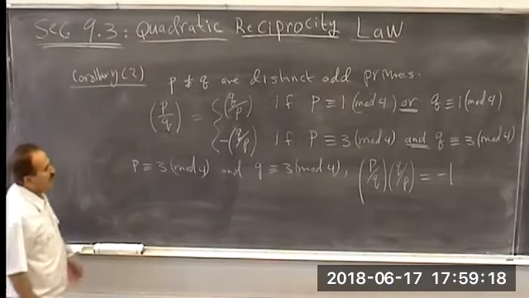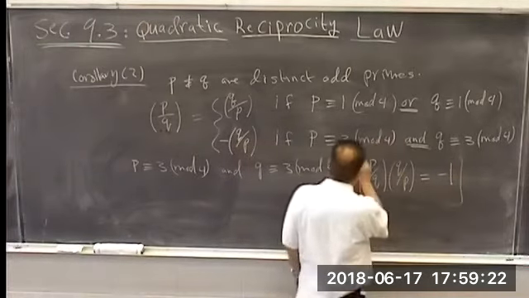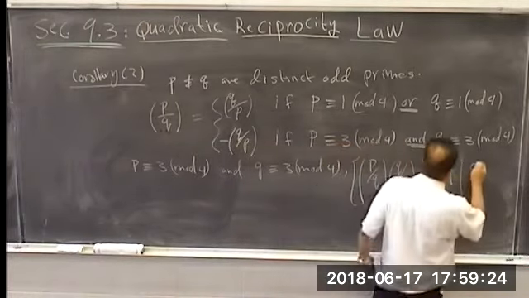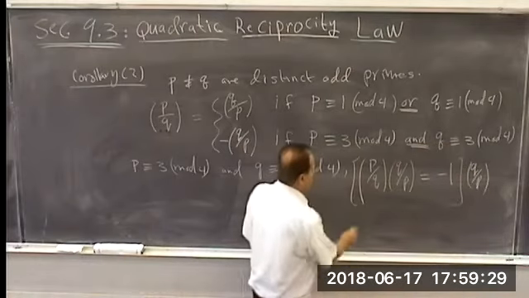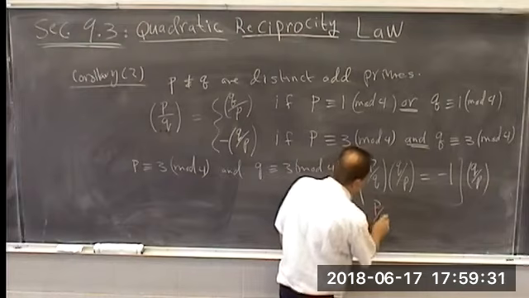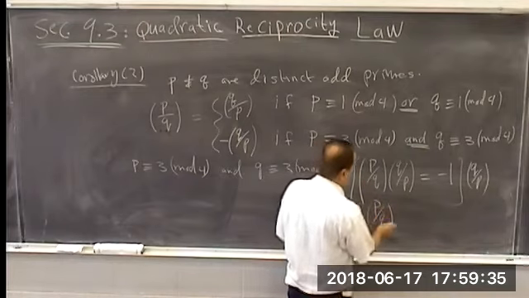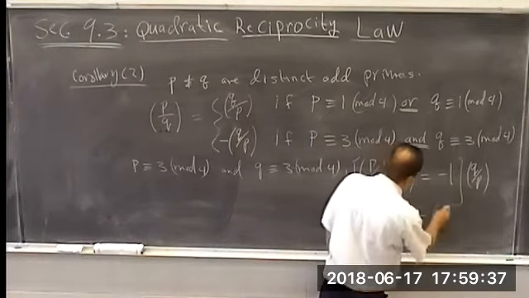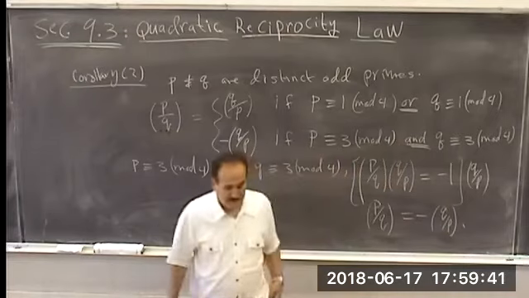All right. Again, we're going to multiply both sides by (Q over P). When I do this, we end up on the left side with just (P over Q), since the square is equal to 1, and then we get negative (Q over P).